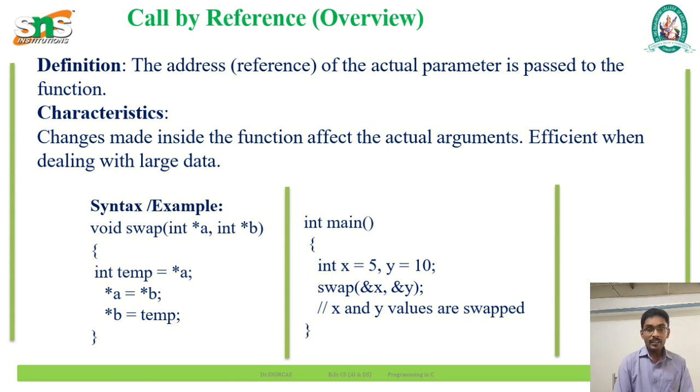And here if you print the values of x and y after the function call, the values are definitely swapped, because we are swapping by using pointer addresses.